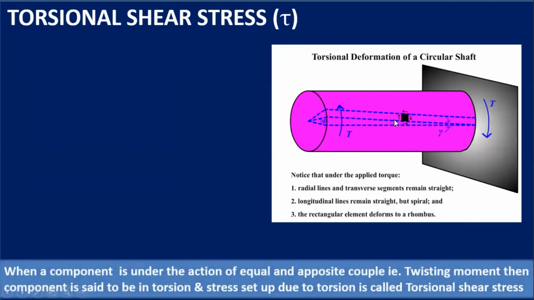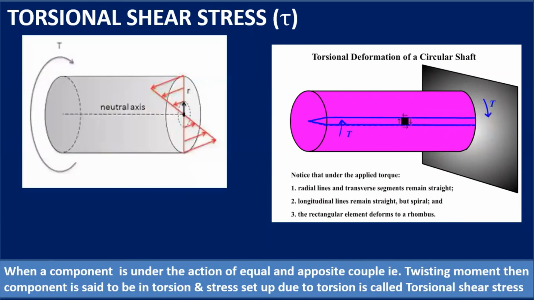When a shaft is under the action of equal and opposite couples, that is a twisting moment, then the component is said to be in torsion, and the stresses set up due to the torsion are called torsional shear stress.